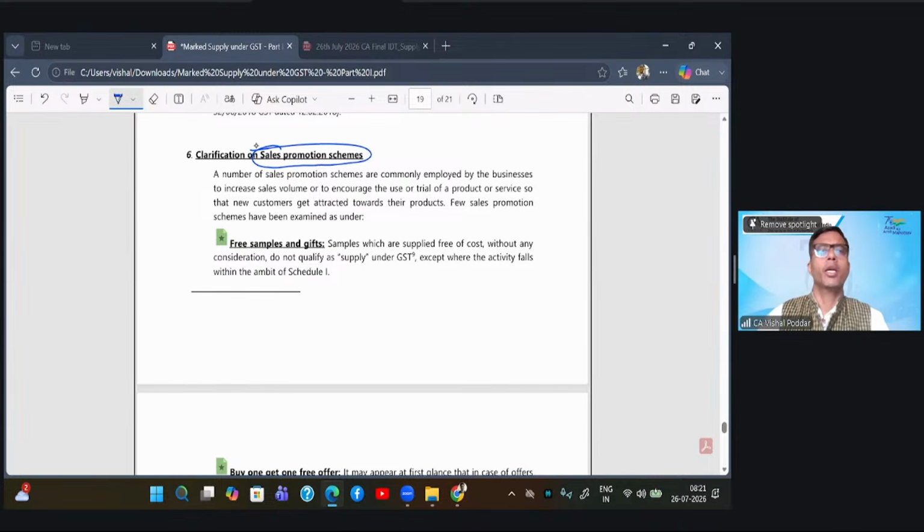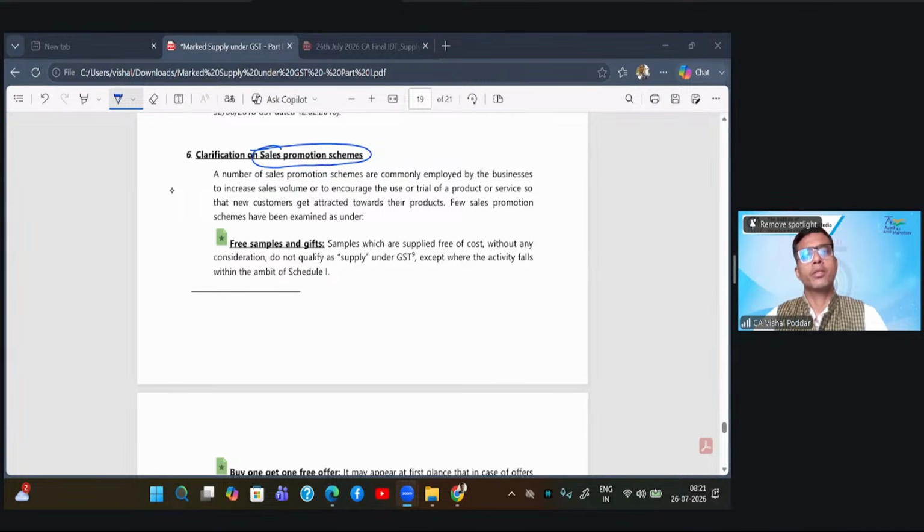Then students come to sales promotion schemes. Again, there is a question: many times when you go to malls, like presently we are having monsoon, so there would be a monsoon sale going on. Very soon we'll have 15th August, so there will be a 15th August sale. Now students, in all these cases, a question comes that whenever there is any such sales promotion scheme, the company is giving you something called a gift.